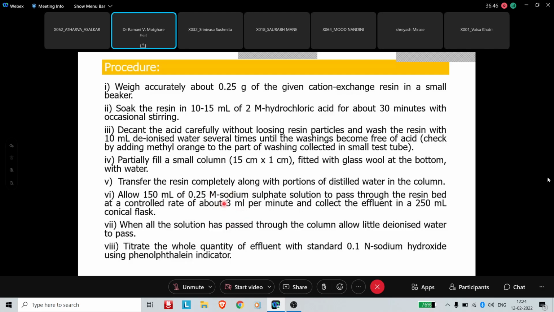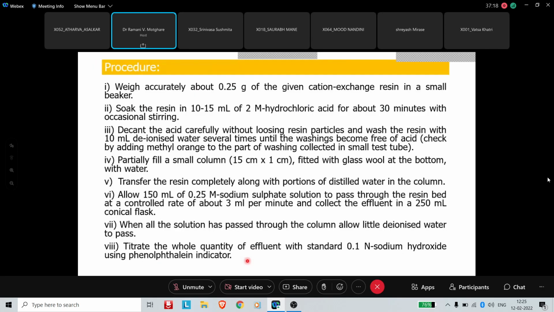So this flow rate will ensure complete exchange of H plus with this sodium, and all 150 ml should be collected in a single conical flask, and when all 150 ml has eluted out, then you have to titrate this particular 150 ml which is eluting out from the column with sodium hydroxide solution, using phenolphthalein as indicator.